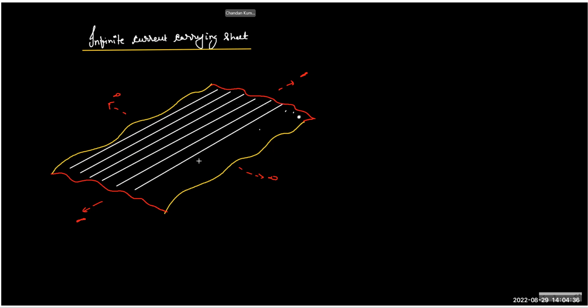The thickness of the sheet is taken to be very, very small. The current is moving parallel to the sheet, as you can see.